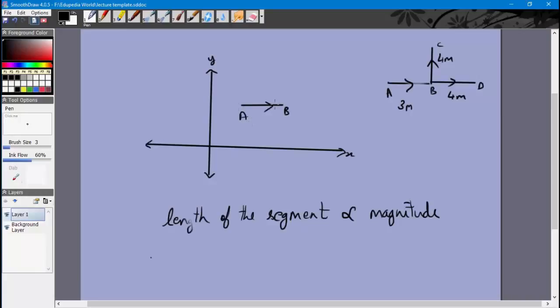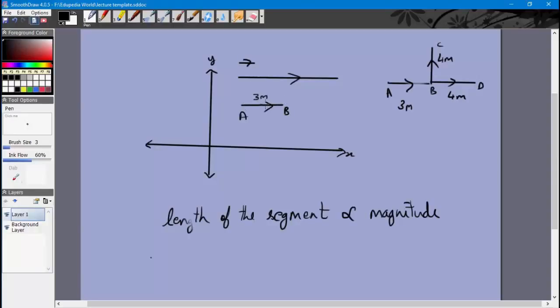Which means if AB denotes a displacement in the positive x direction of magnitude 3 meters, then a displacement in the positive x direction of magnitude 6 meters has to be twice the length, and a displacement in the positive x direction of only 1 meter has to be 1/3 the length of AB. So when we are drawing vectors on this coordinate axis, we will assume that the length of the line segment is proportional to the magnitude of the vector.